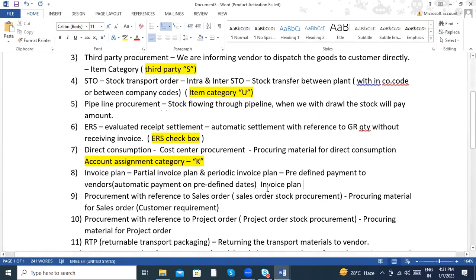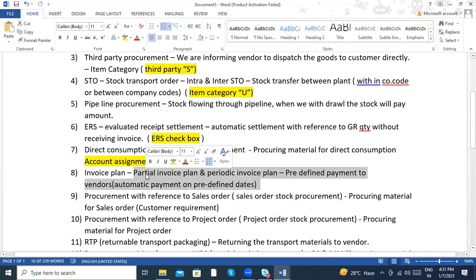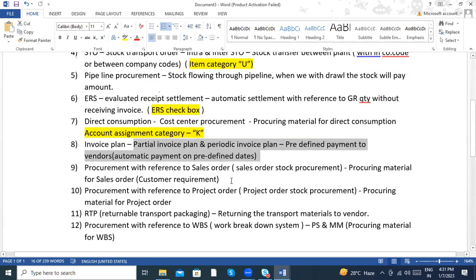We will discuss that when we are running this scenario. Here the only identification is in the item details. You can see there is a predefined invoice plan checkbox. There is an option, partial or periodic. And this again becomes consumption.